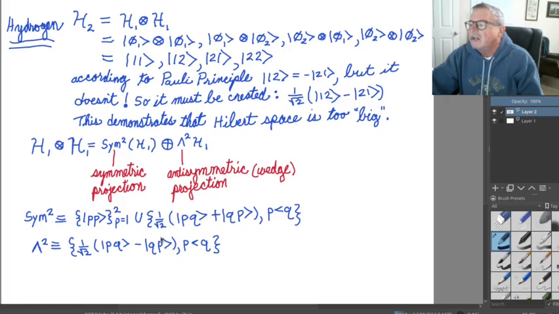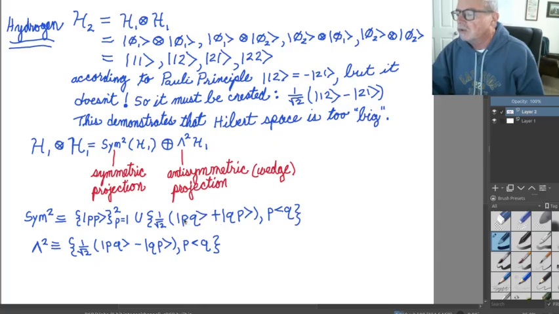And then the symmetric states, which are 1 over square root of 2, PQ plus QP, where P is less than Q. So we've only got 1, 2 to deal with, so that means 1, 2 plus 2, 1. Now notice, you switch 1 and 2 around, switch Q and P around, you don't get any sign change. So none of these are actually needed.